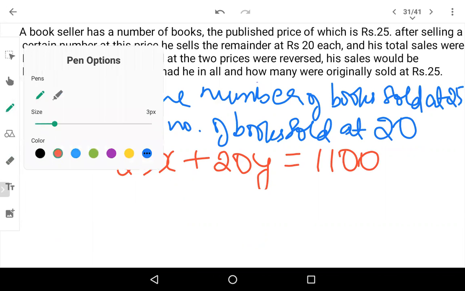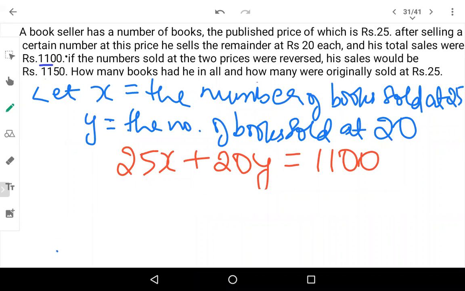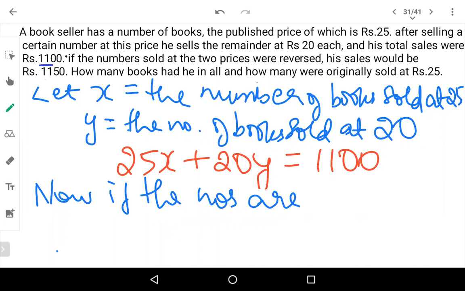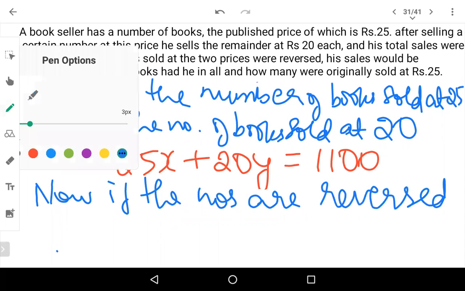Now if the numbers are reversed, what do we get?